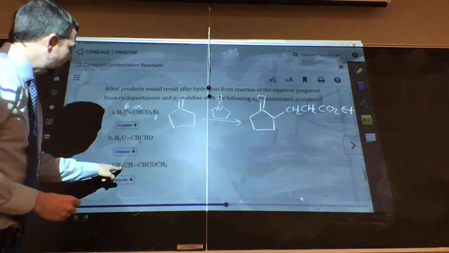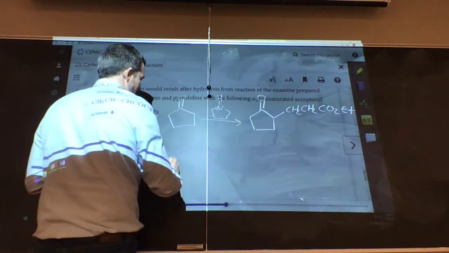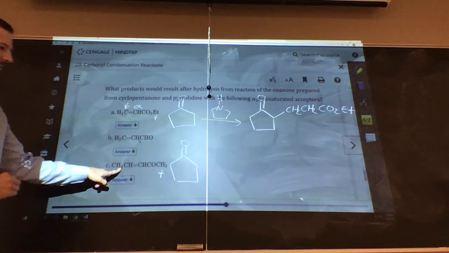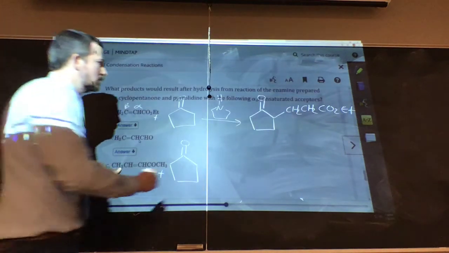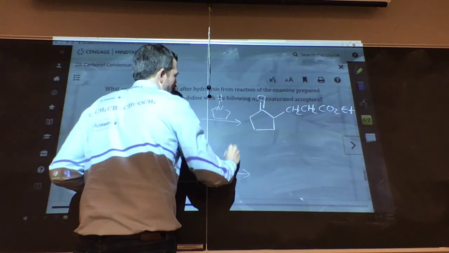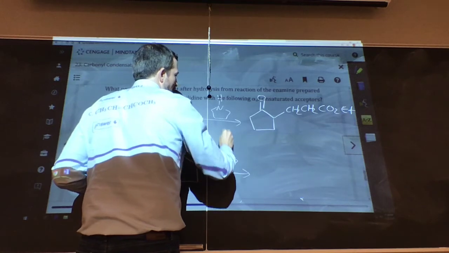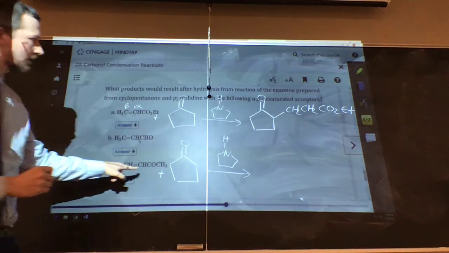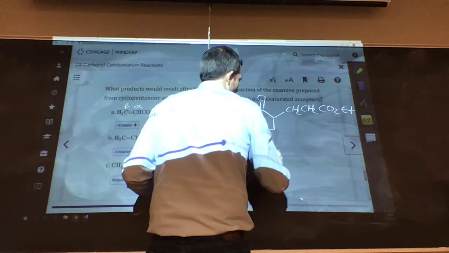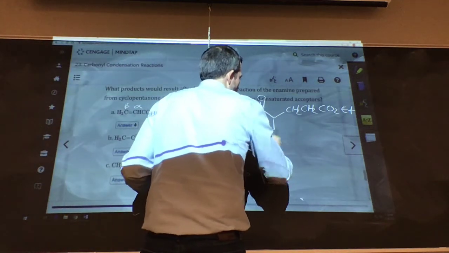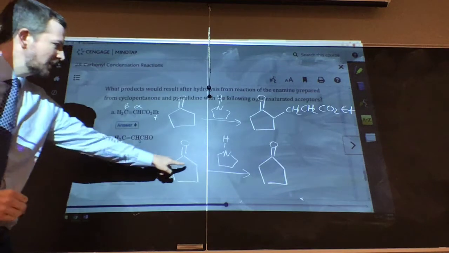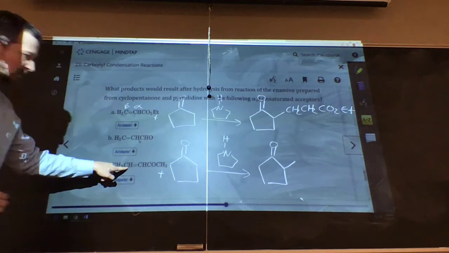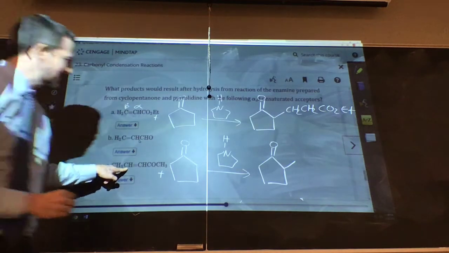Let's work C. So again, cyclopentanone plus pyrrolidine. The alpha position of my monocarbonyl compound is attached to the beta position here.